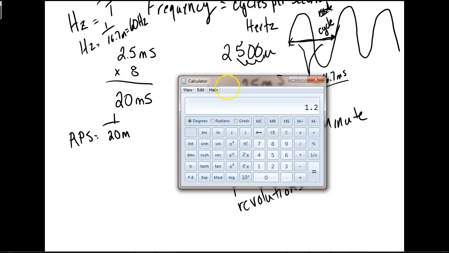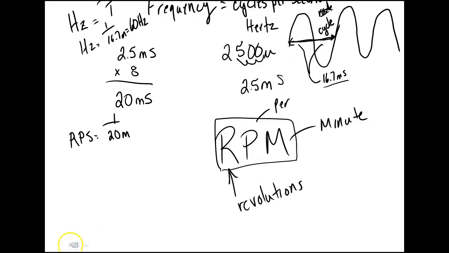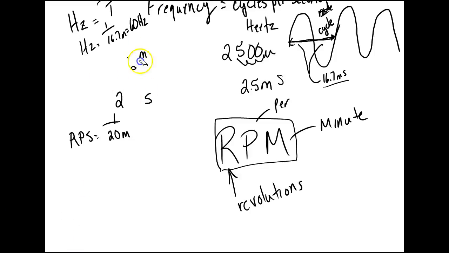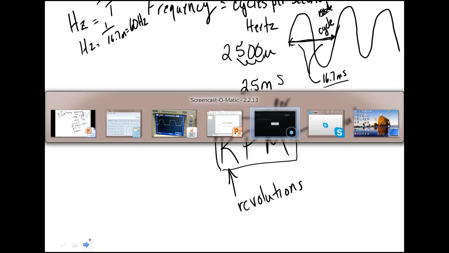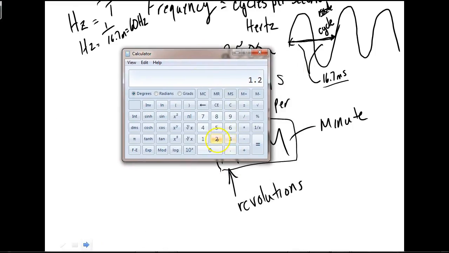So somebody said 20. Yeah. 2.5 times 8. So 2.5 times 10 to the minus third, right?